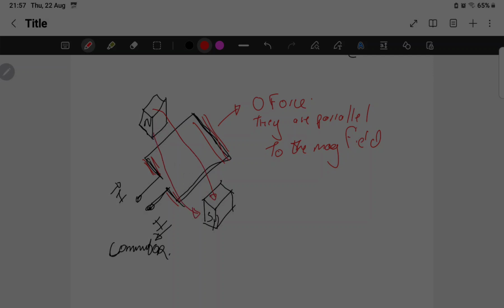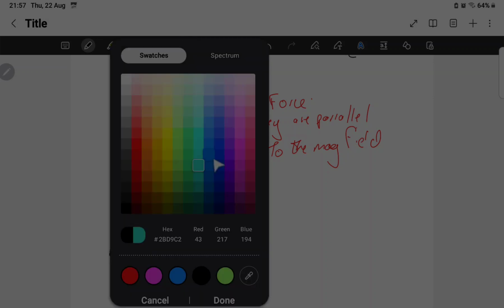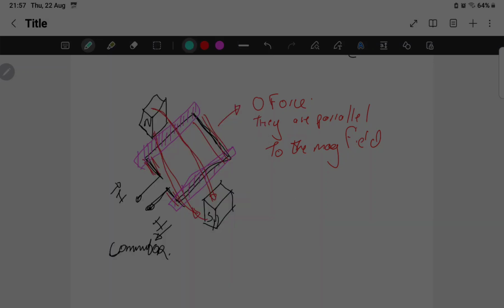Now these other lines are perpendicular to your magnetic field lines, and because they are perpendicular, they are going to create a force. If you use Fleming's left hand rule, you will see that a force is created.